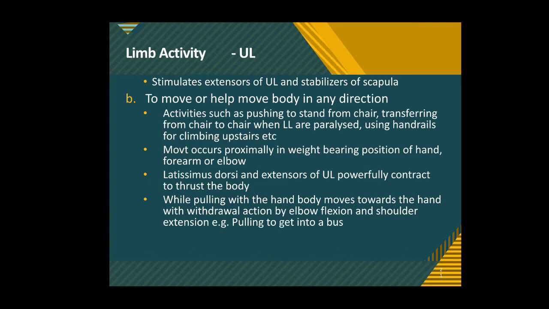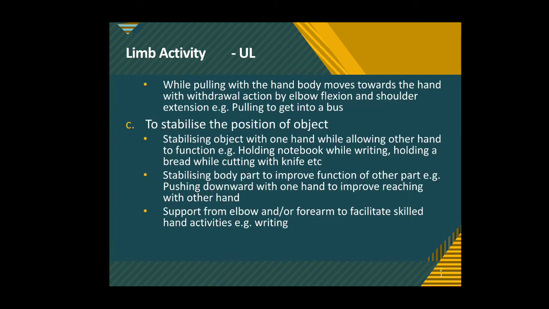In this example, we can see that the elbow is flexing, the shoulder is extending. So these kinds of activities help us move in the desired direction with the help of upper limbs. While pulling with the hand, the body moves towards the hand with withdrawal action, which is stronger. If we are pulling with both hands, the body is pulled towards the stronger hand.